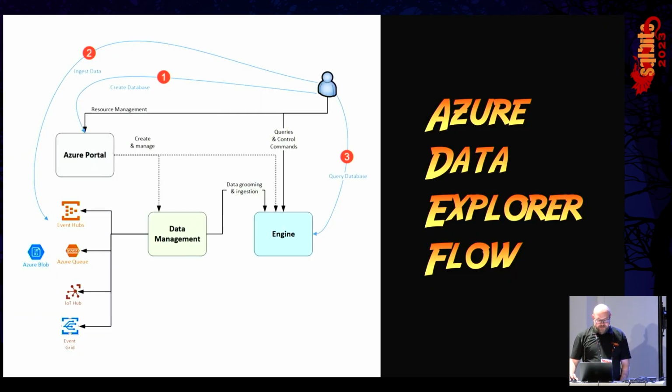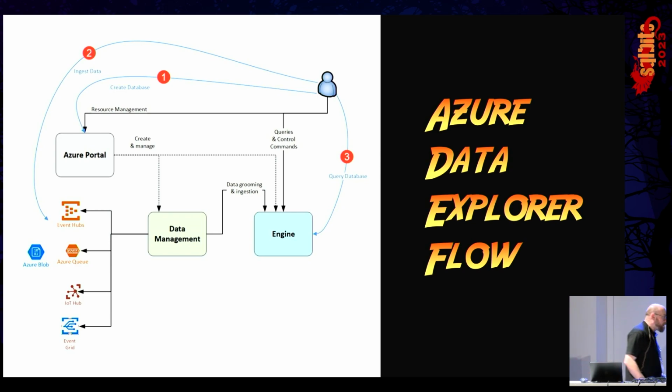So how does the process look like, or the Azure Data Explorer flow? It looks like, first of all, you have to create a database. You can do this, for example, through the Azure portal. Then you can create and manage the data, for example, by creating tables, creating ingestion, and so on. And then you ingest data.